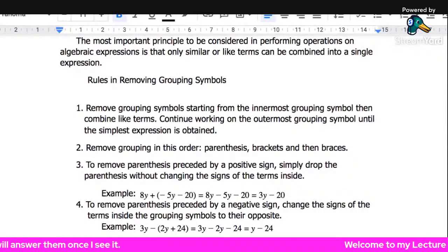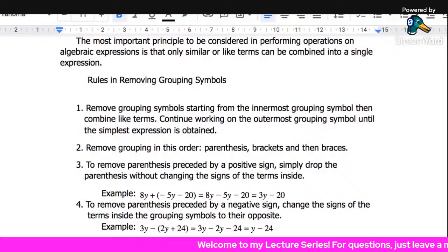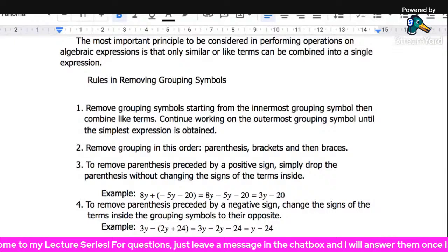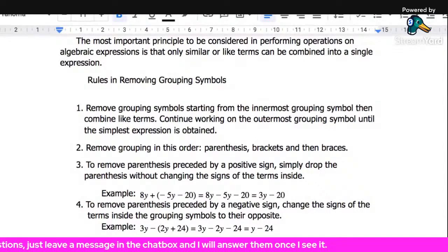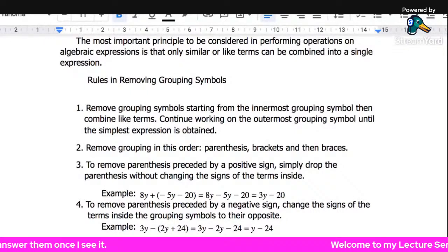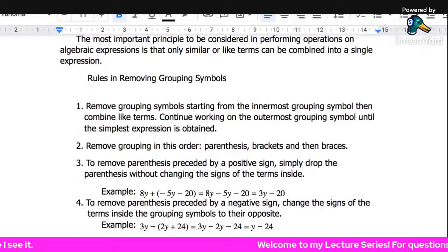So in other words, when there are a lot of grouping symbols involved, we have to start at the middle, okay? And then we proceed to the next until we remove all the grouping symbols and until we obtain the simplest expressions, okay?